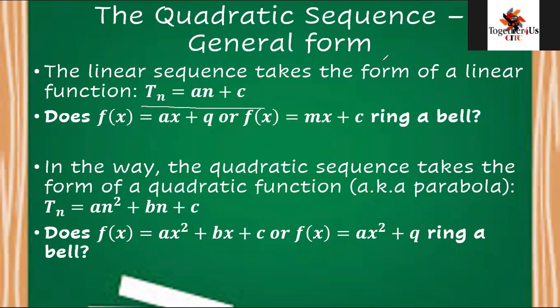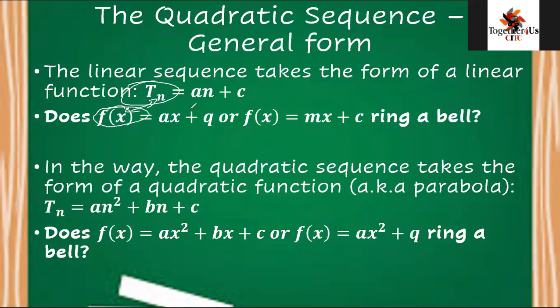What I need you to really understand here, guys, is that a linear sequence is just a linear function. They are one and the same thing, and I'll keep on repeating this so that it can stay in your mind.